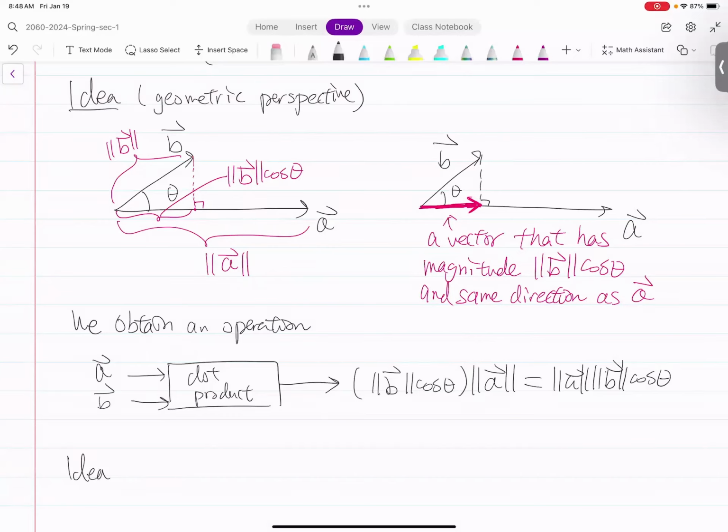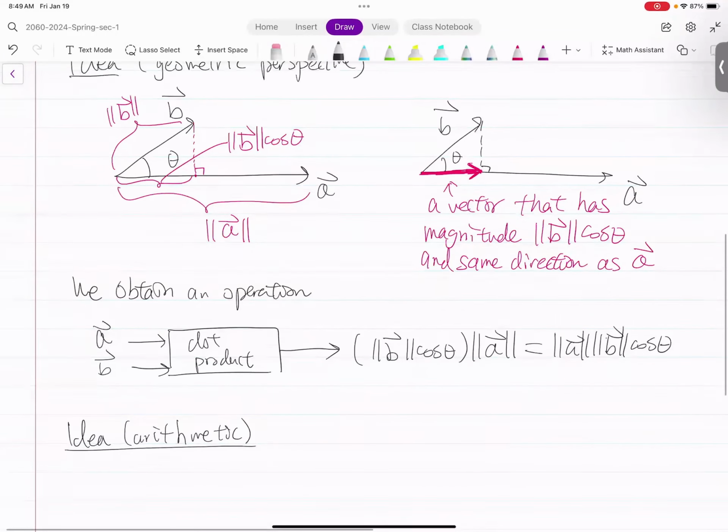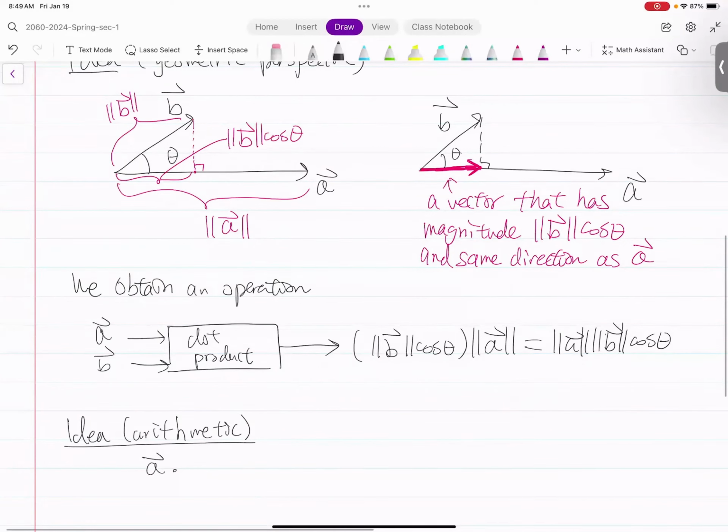The idea that's arithmetic: it's a little bit more straightforward. That's A dot B equals A1 B1 plus A2 B2 plus A3 B3.